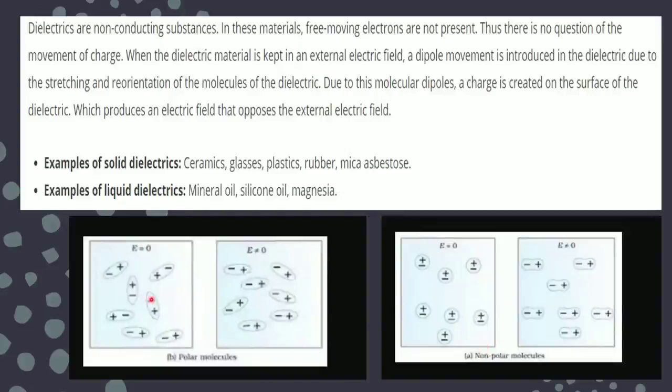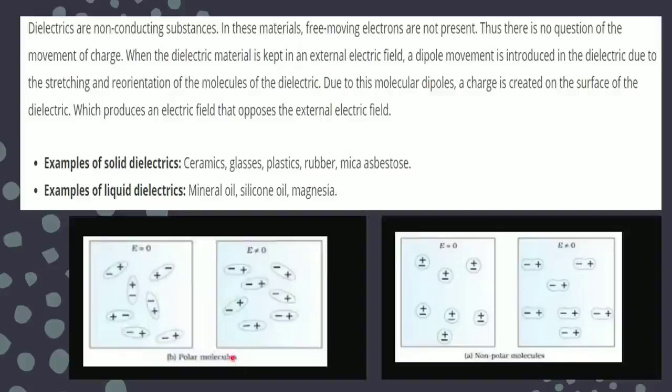In polar molecules, we have positive and negative charges separated by some distance. And in non-polar molecules, positive and negative charges are lying over each other. It means that polar molecules have some dipole moment. We have discussed electric dipoles.